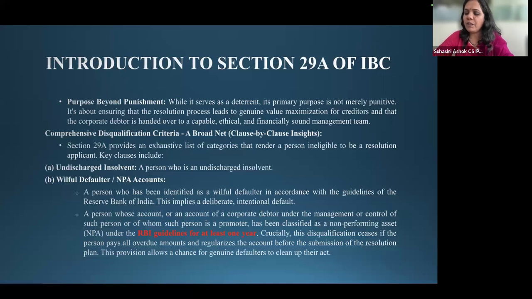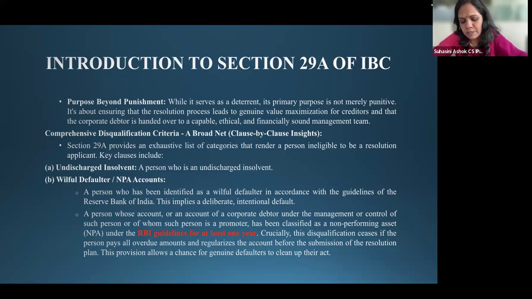And the RP, if he has a good supporting team, can do the diligence in-house, or otherwise the RP and liquidator can appoint a third party from the market who will do a very detailed diligence. Usually the outsourcing depends on a case to case basis. The RP or liquidator can take a call.